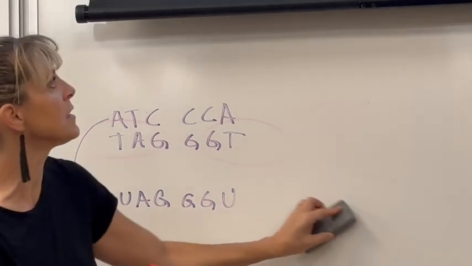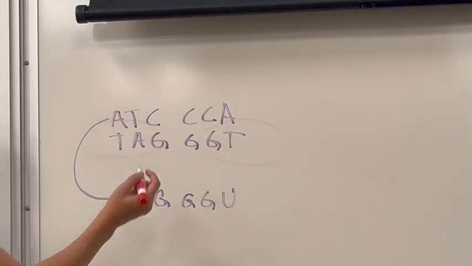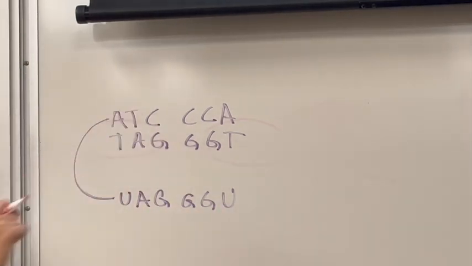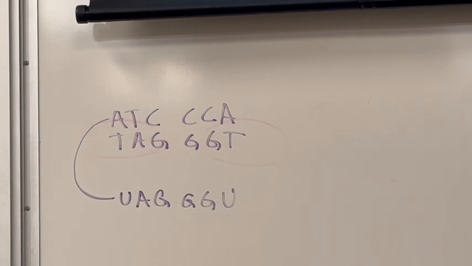What do we have? Silent mutation. So a silent mutation would be because there's redundancy in the codon chart, which means that CCU and CCC can code for proline.